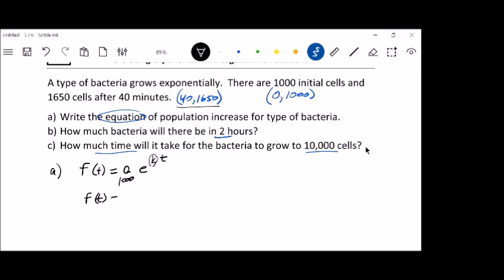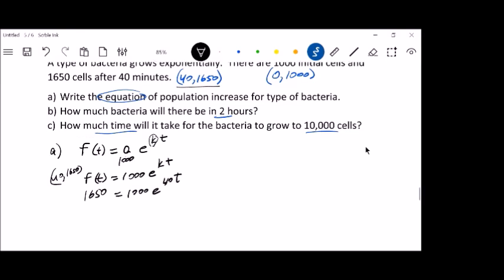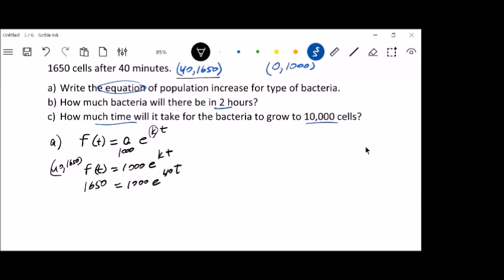First, I'll rewrite this as 1,000 e^(kt), and now we'll put in 40 and 1,650. So 1,650 is the result when the time is 40 minutes. Right, so divide by the 1,000. Okay, so we get 1.65 is equal to e to the 40k.